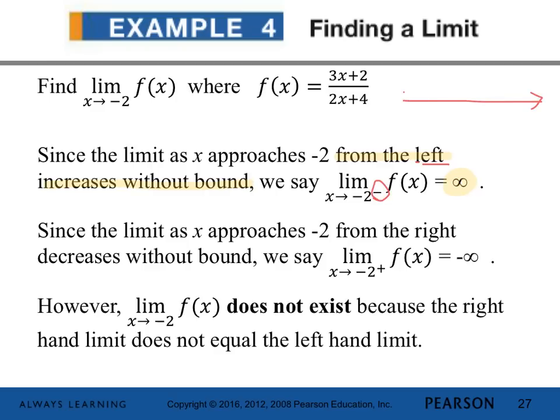The way that you need to learn the difference is that if we're at 0, numbers to the left of 0 are negative. Numbers to the right of 0 are positive. So when you approach from the right, you're approaching from the positive. And when you're approaching from the left, you're approaching from the negative.